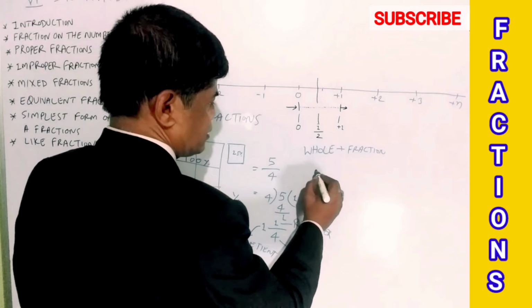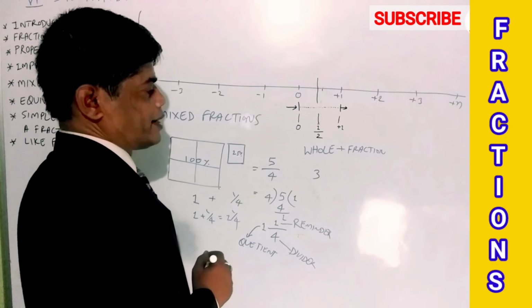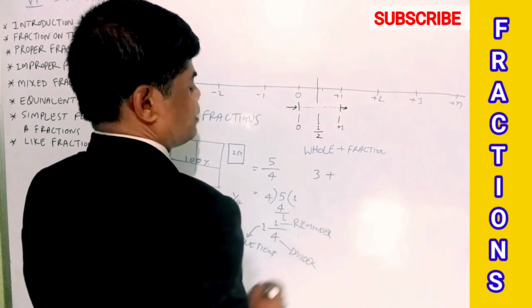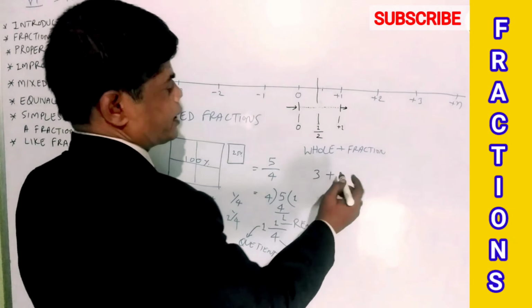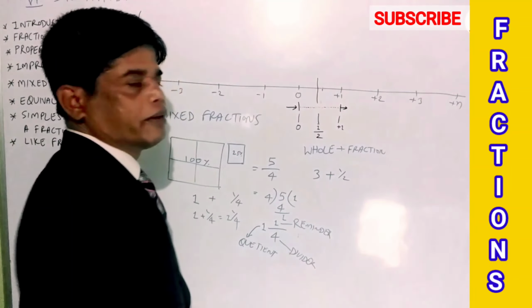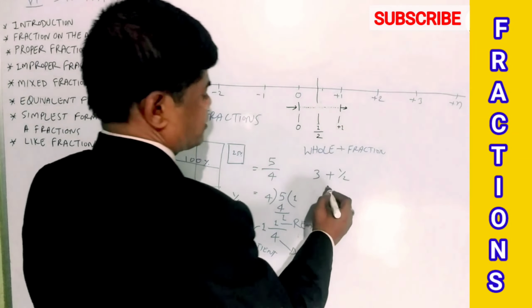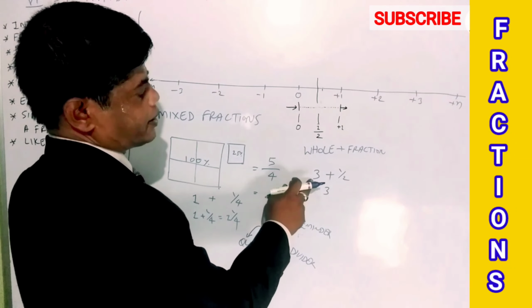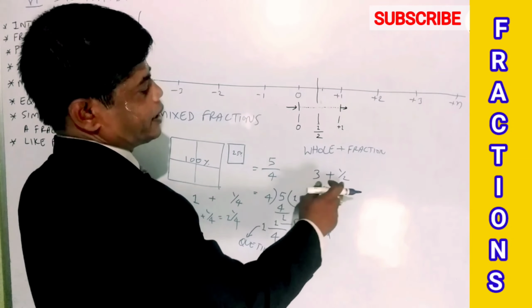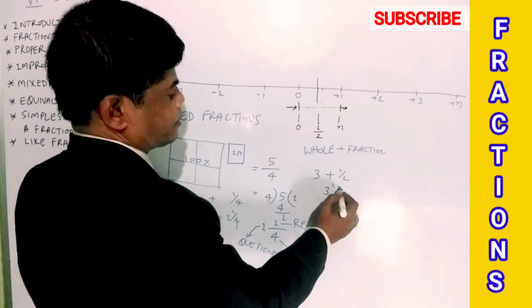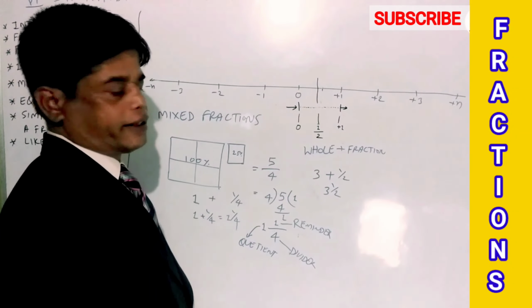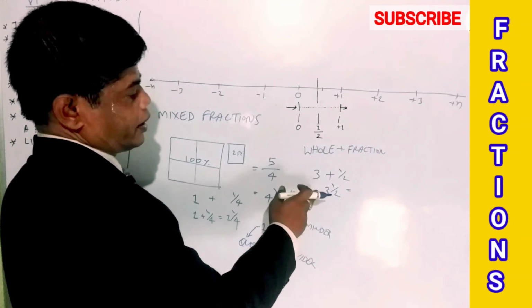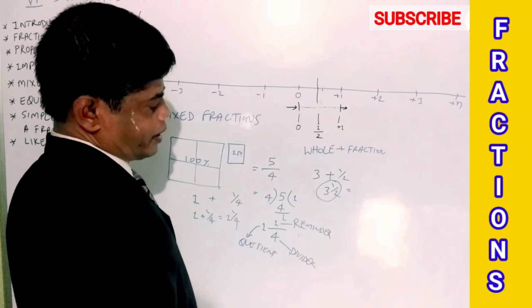Here, 3 mangoes are there, but even though it is not enough to eat, we are eating half extra. We are eating half a mango extra. So this is a mixed fraction: the whole is there, 3 mangoes are there, and we are eating half more, so it becomes 3 and a half.